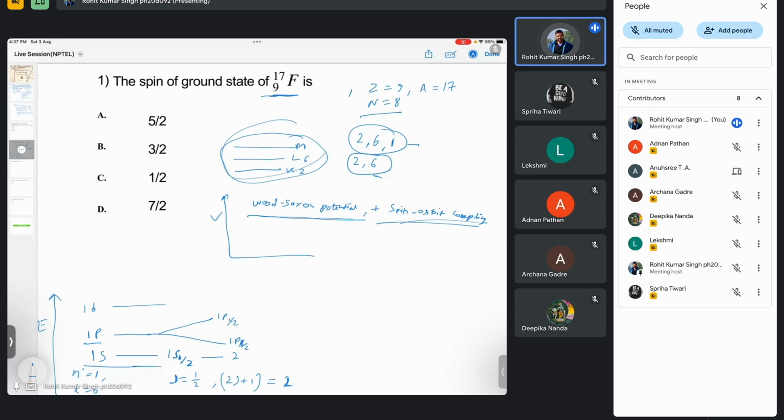That will govern the whole spin property of the nucleus.